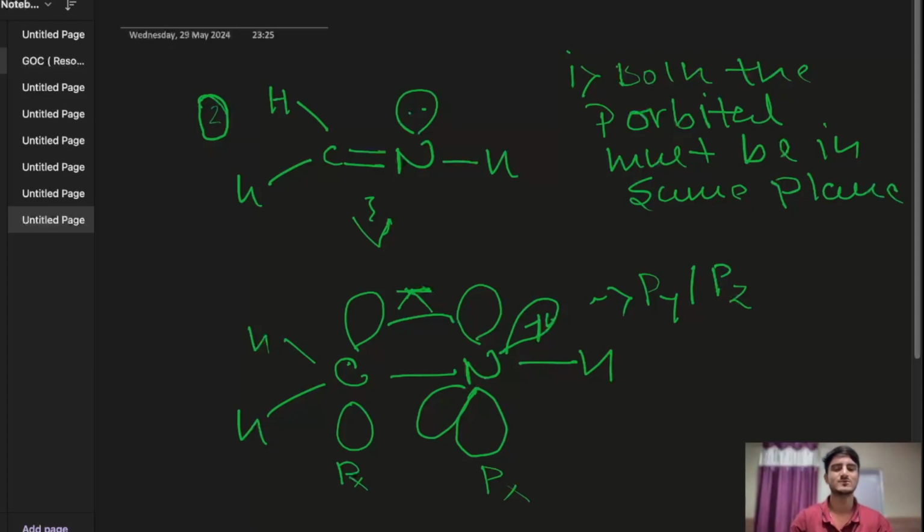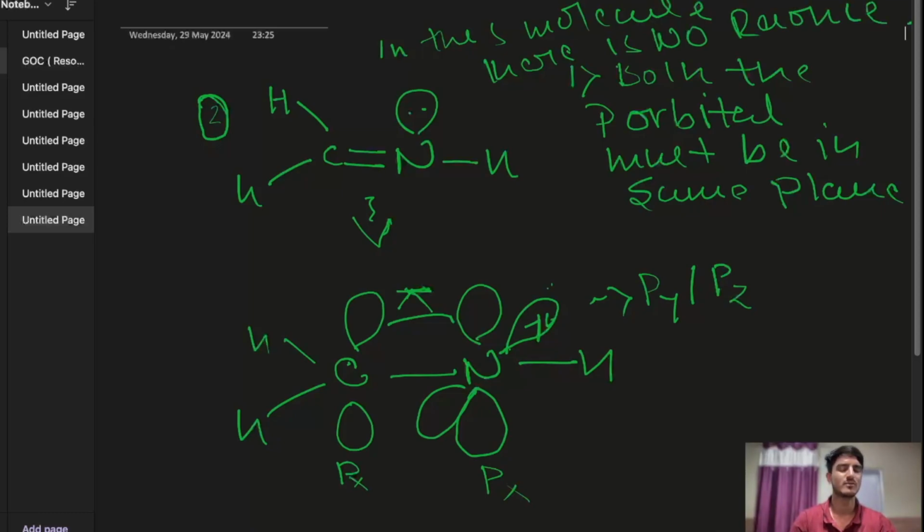Which two am I talking of? The lone pair is in py or pz, but the carbon atom having the p orbital is px, so it cannot delocalize from py to px. Clear? So in this molecule there is no resonance, because both the p orbitals are not in the same plane.